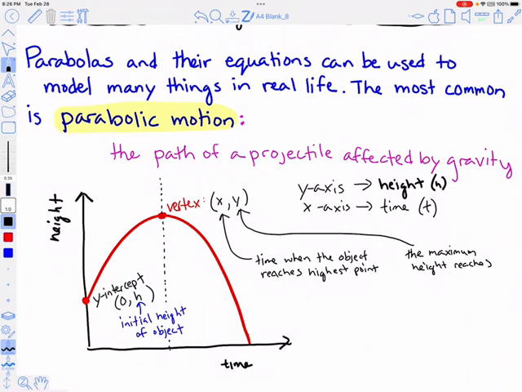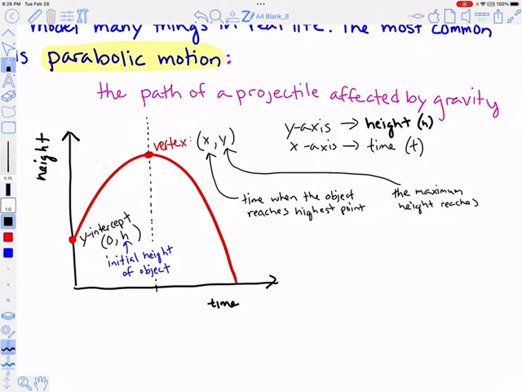Well, in that case, you would want to find the y coordinate of the vertex. Whereas I might ask you, after how much time is the ball going to reach its highest point? Well, then you want the x coordinate of the vertex, or the axis of symmetry is another thing that we could say for that x coordinate.